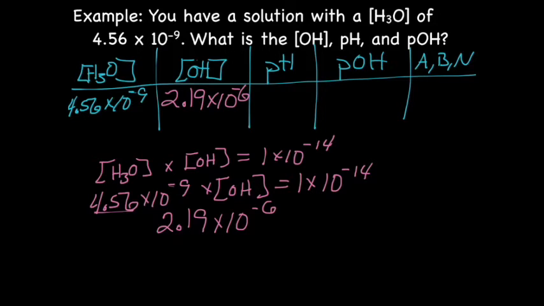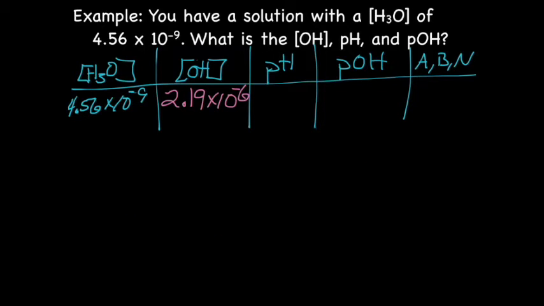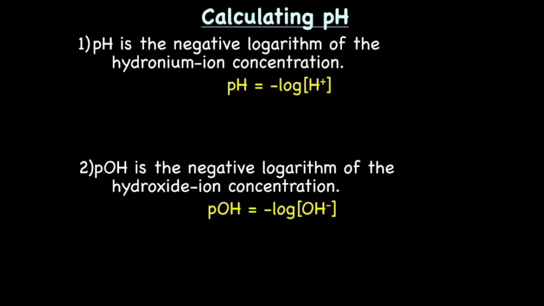So now we know concentration of H3O, concentration of OH. We still need to solve for pH and pOH. So do we have any equations that have H3O or OH in it that allow us to solve for pH or pOH? Well, how about this guy here?